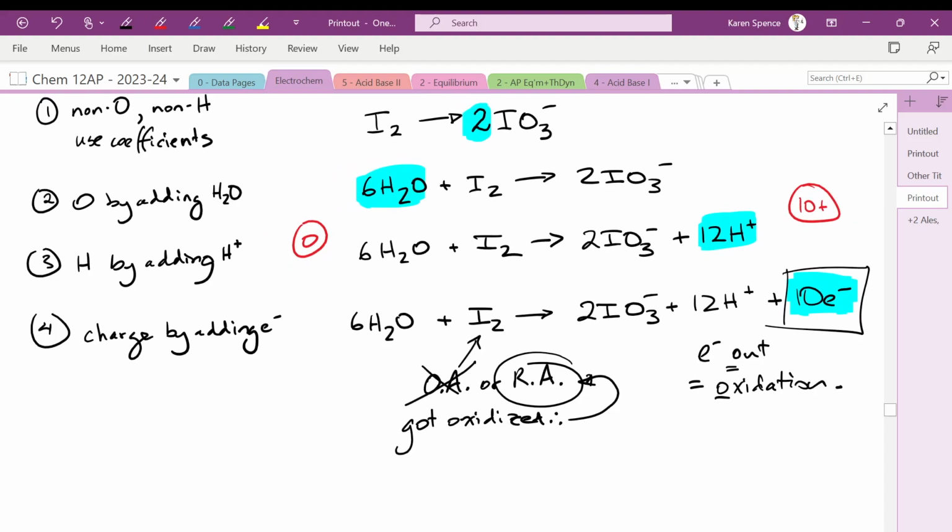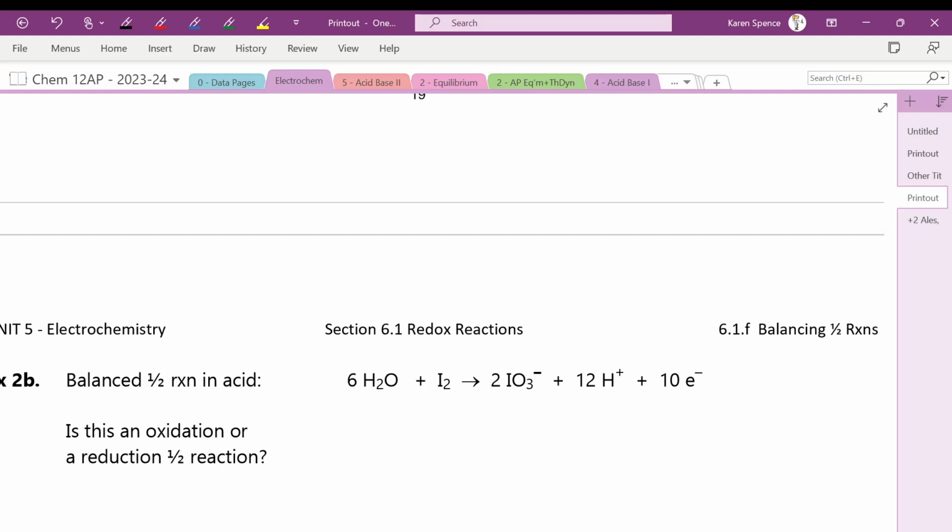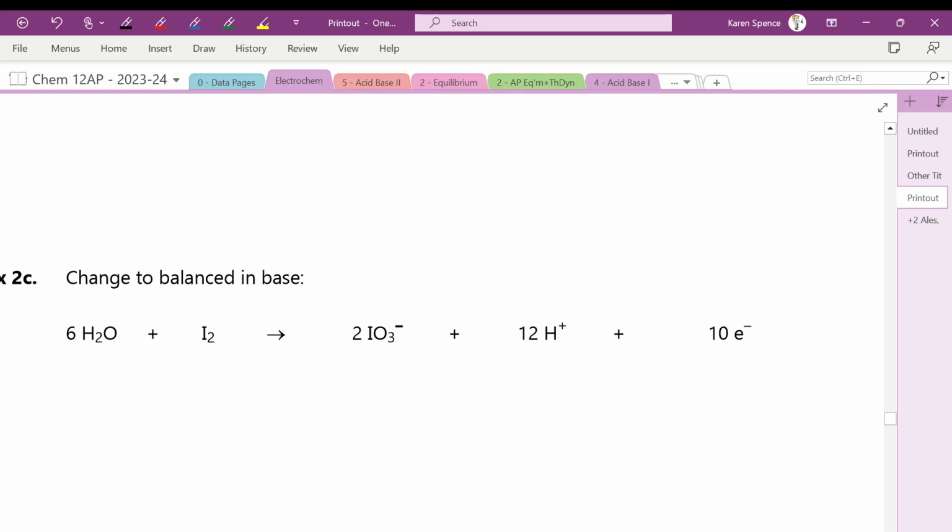All right. We already did this. Now we're going to balance it in base. I've given you the structure. This is balanced in acid. Do you remember what we do to balance it in base? This is step 5.